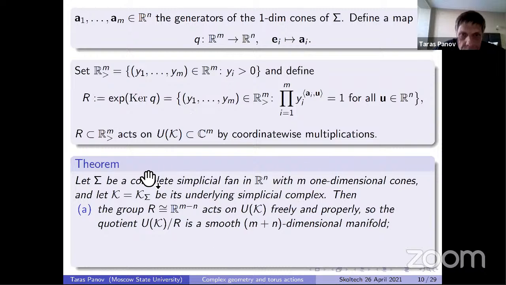And they also define the subgroup. This subgroup is defined just using the generators, but the space on which the subgroup acts is defined using the combinatorial piece of data, the simplicial complex. So the R action on U of K is defined by the collection of cones. And it's proper if and only if this collection of cones forms a fan.